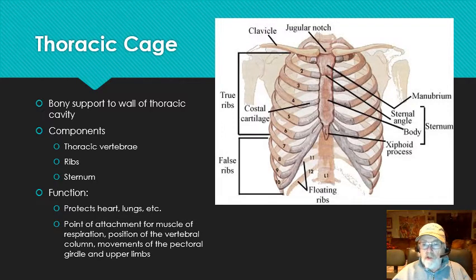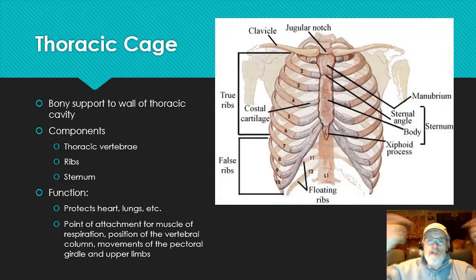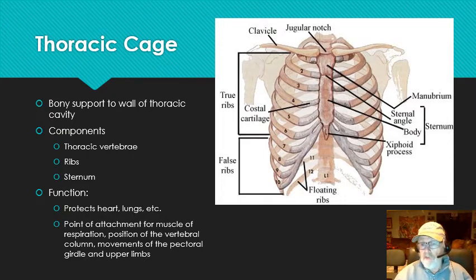And according to Boyle's law, the volume is inversely proportional to pressure. So the pressure goes down inside, which actually draws the air in. We'll talk a lot more about that process later on. So not only are the thoracic cavity, the ribs, and the sternum very important for protective reasons, but they're also vital and functional in regards to respiration.